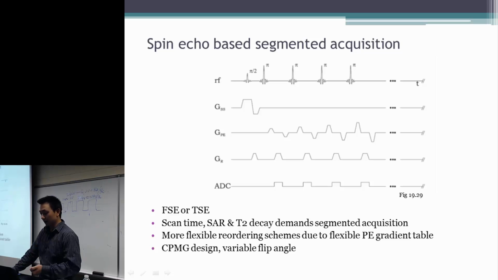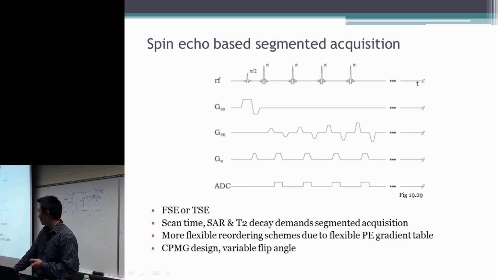So segmented acquisition can also help to improve all these issues. And with a spin echo or this fast spin echo, multi-echo spin echo sequence, we can afford to use more flexible reordering schemes because the phase encoding is actually done during each interval between the refocusing pulses.